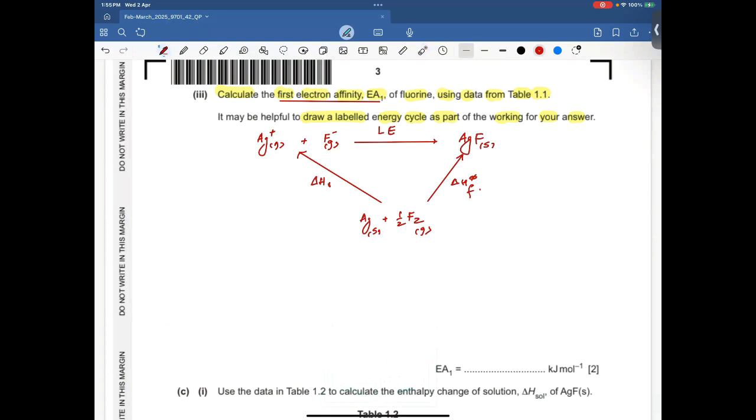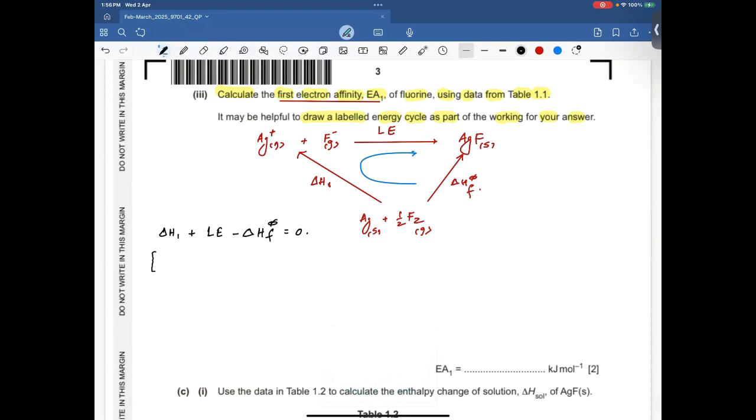All right. So let me make the arrow in the clockwise direction as per instruction. In fact, both these values will take as positive, and it's going to be the negative one, which is going to be equivalent to 0. So delta H1 plus lattice energy minus standard enthalpy change of formation equals to 0.